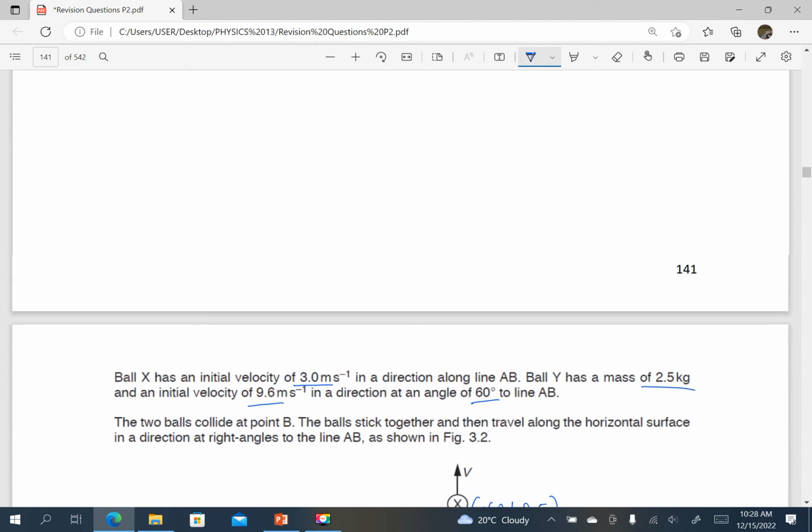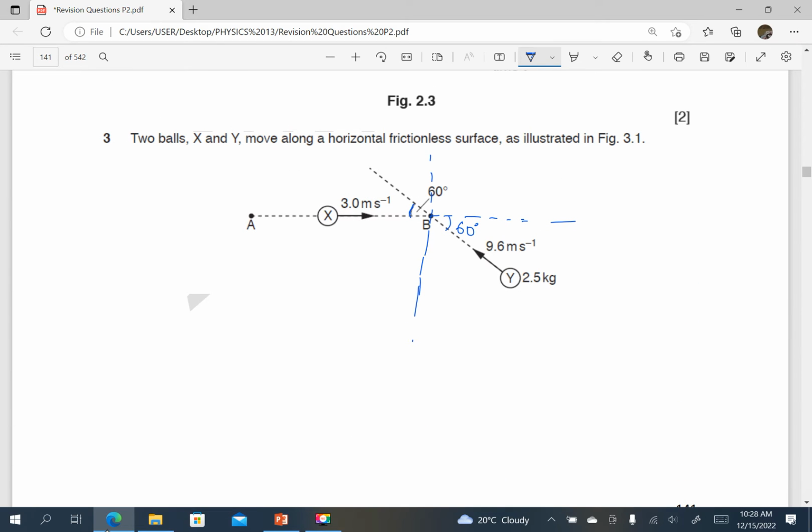Okay, let's answer the first part by considering components of momentum in the direction from A to B. In other words, we are going to consider momentum in this direction AB. This is vertical. We are considering momentum in the horizontal plane here.